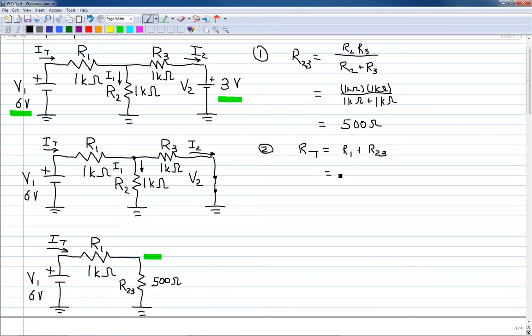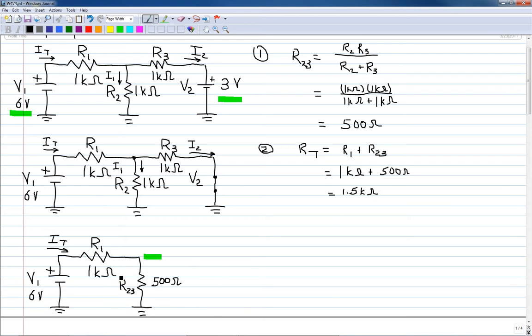Substituting in those values, that's 1k ohms plus 500 ohms, which is a total resistance of 1.5k ohms.